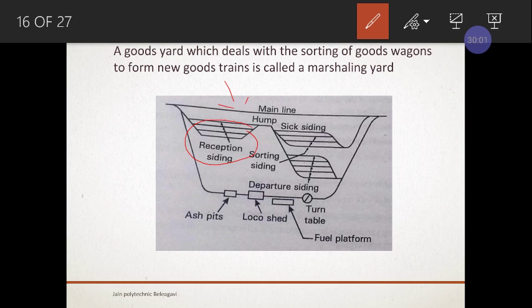Once the compartment is vacant, the wagons are brought into this sorting compartment. Depending upon the requirements of wagons for the passenger trains and for the goods trains, the sorting is done.